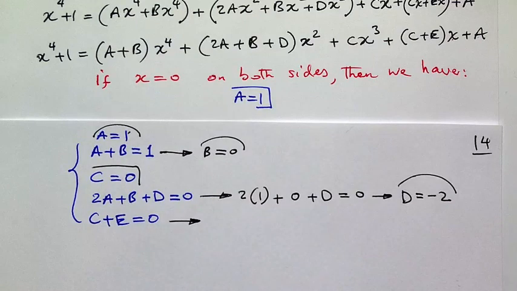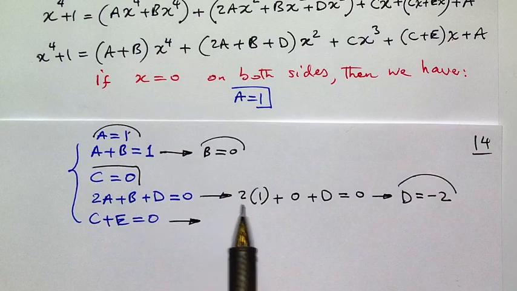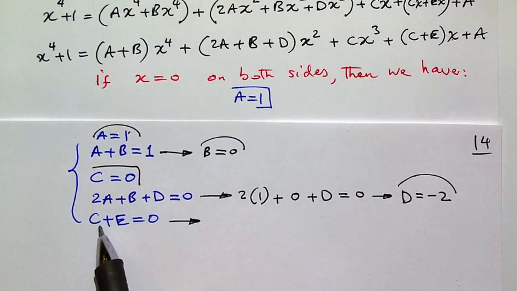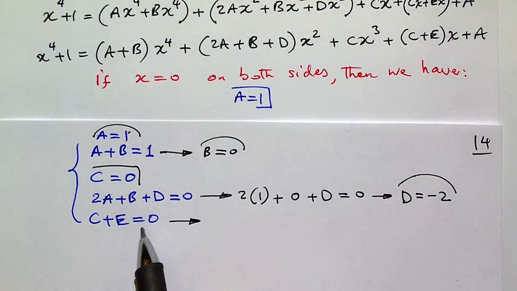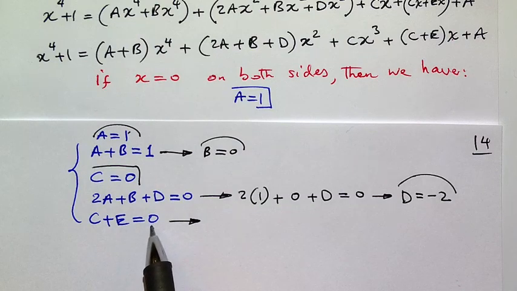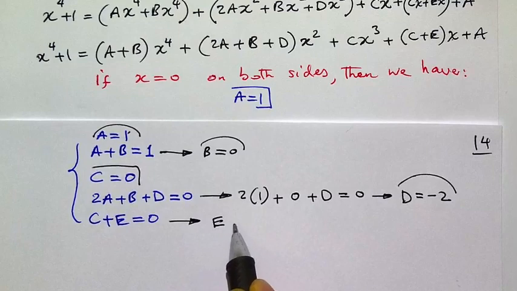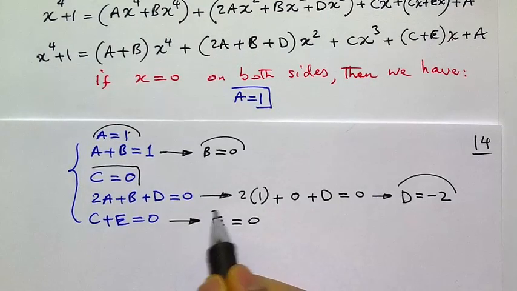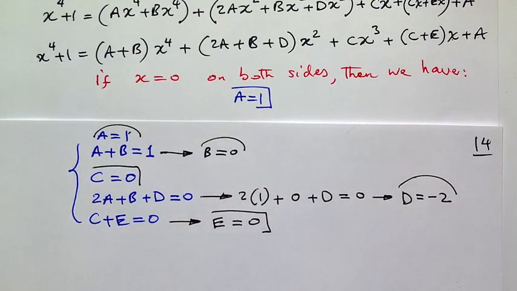We already know what C is. C equals 0, plus E equals 0, right? So if 0 plus E is equal to 0, E has no choice but to be equal to 0. So we have E as well.